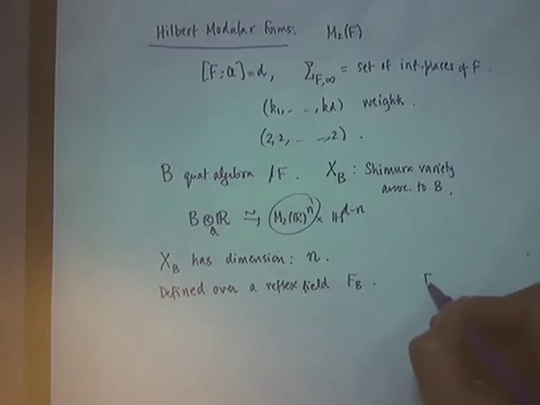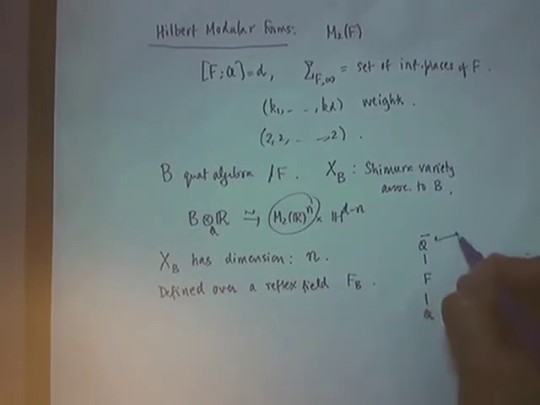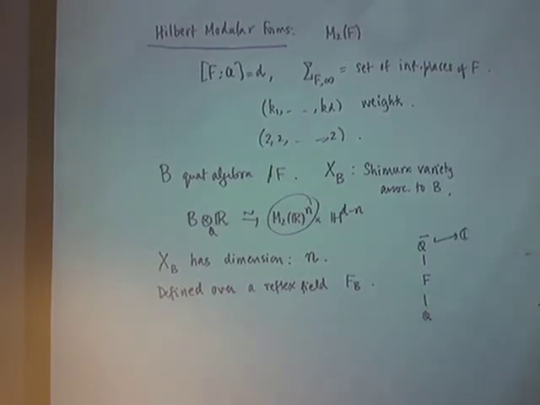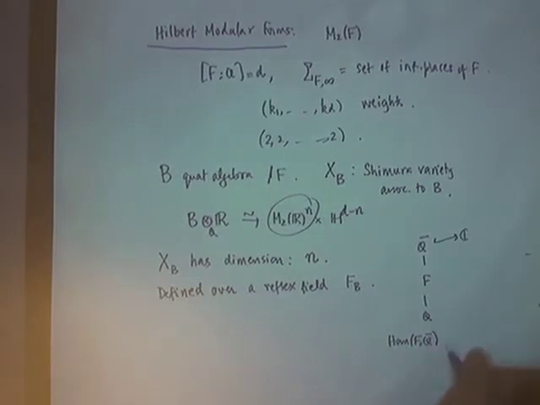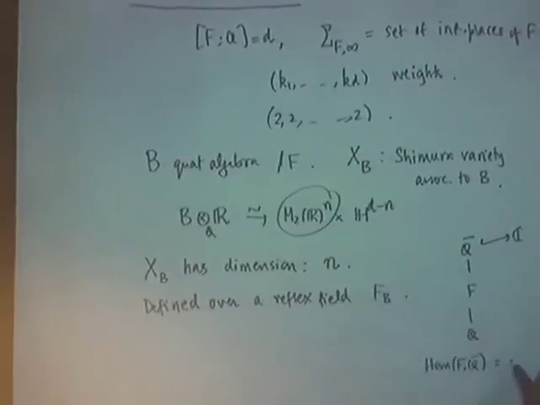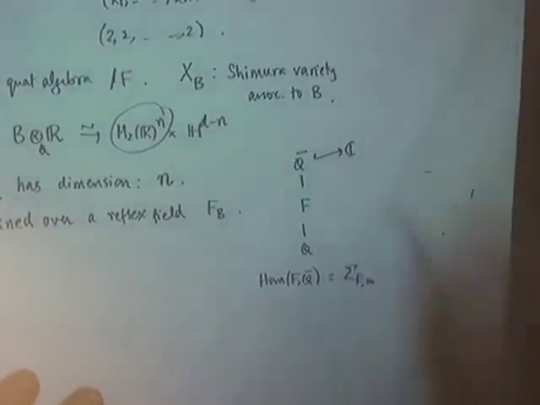So I'm going to think of my F as embedded in Q bar. Okay, and I'll also pick some embedding of Q bar in C, right? So I can identify all the embeddings of F, so Hom(F, Q bar), will be identified with the set of places, with Sigma F infinity.